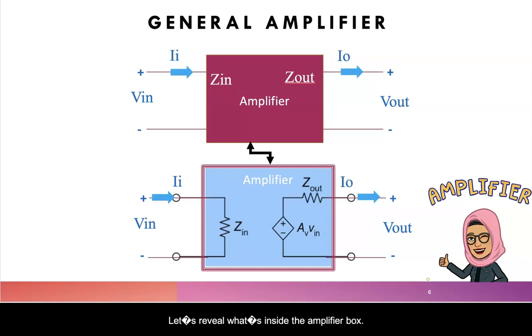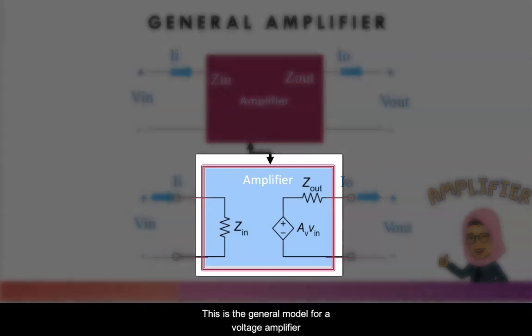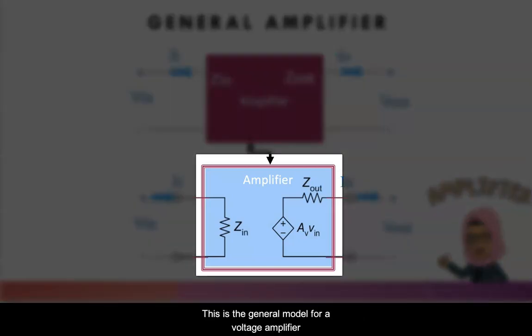Let's reveal what's inside the amplifier box. This is the general model of a voltage amplifier. Inside the voltage amplifier box, there is circuitry arranged with the voltage controlled source A_V V-in in series with the output impedance Z-out.